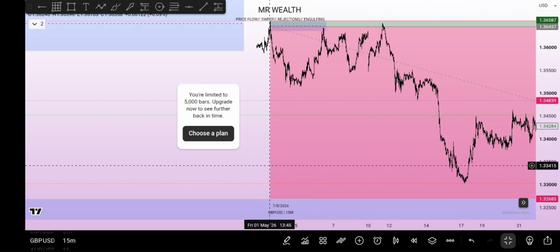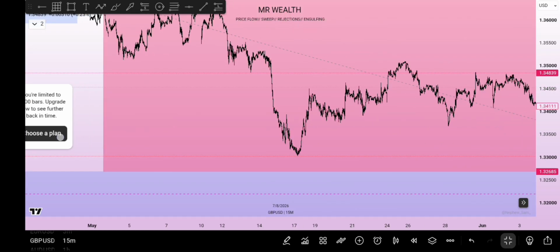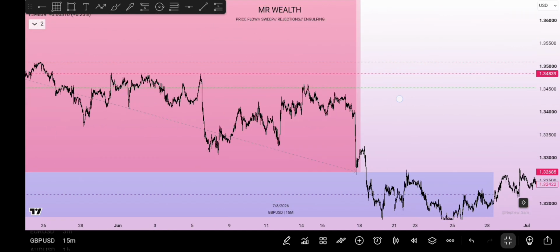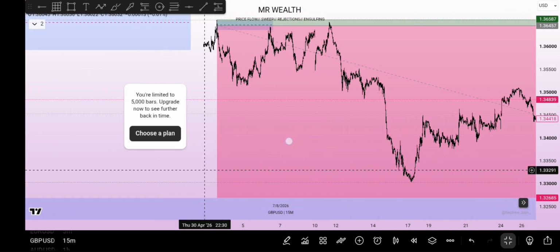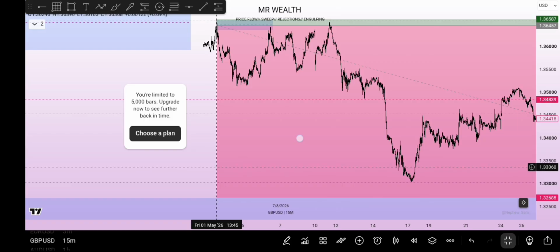May 26 down to June 17. 1st of March to June 17.